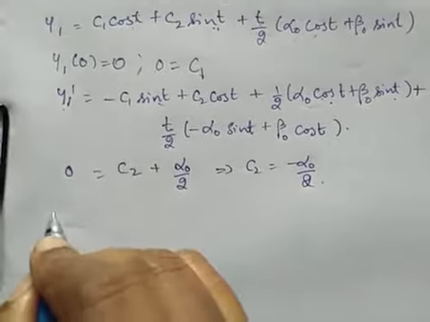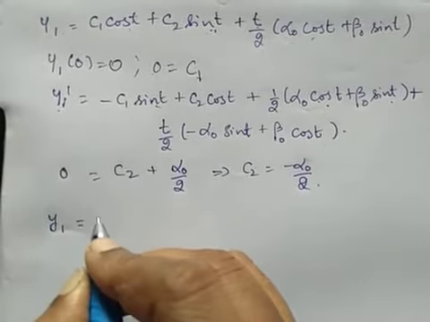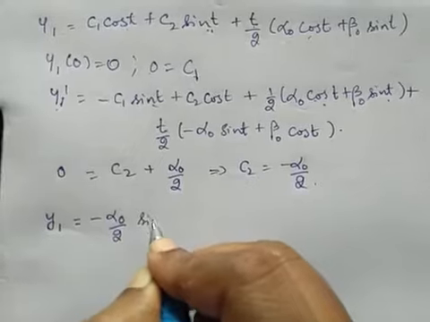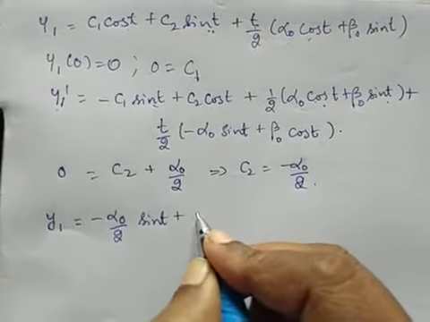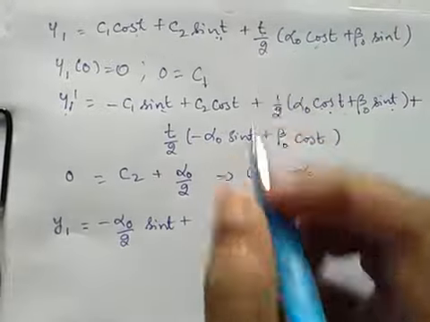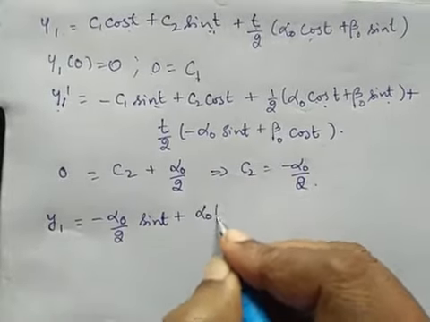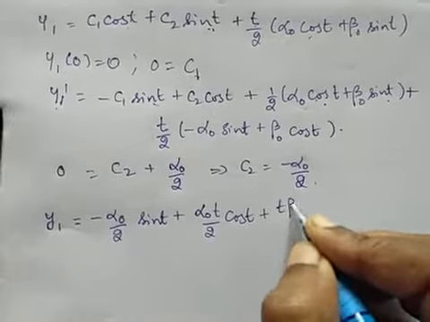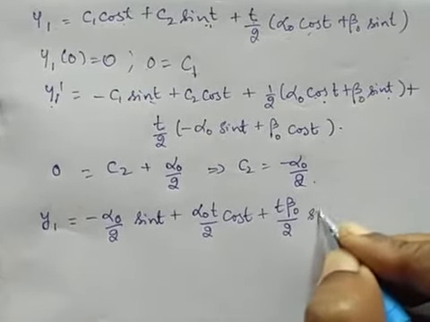So our y1: c1 is 0, c2 is minus alpha naught by 2, sin t plus t by 2 alpha naught cos t plus t beta naught by 2 sin t.